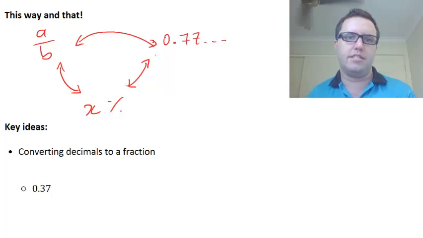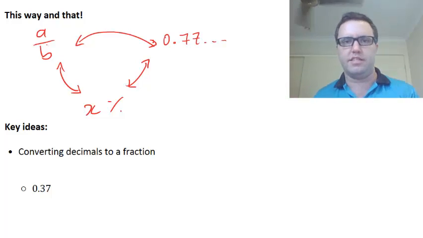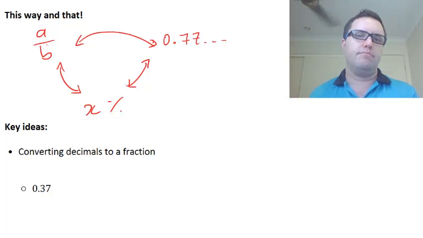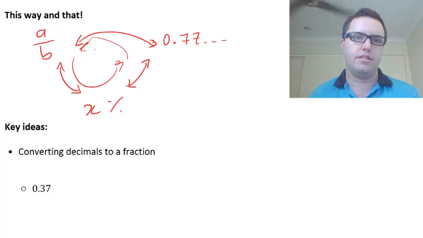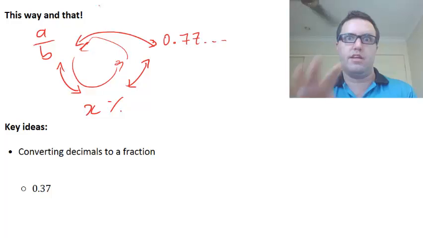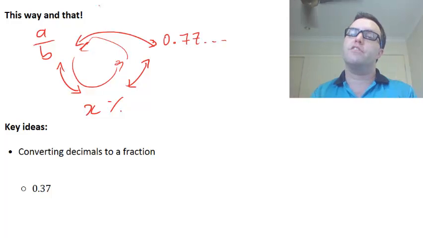Now, some things can't be represented as fractions rationally, but that's a whole different class of number. The main thing we'll be looking at is being able to go anywhere around inside these three different representations of the same thing.